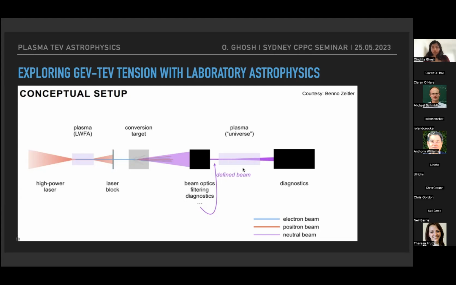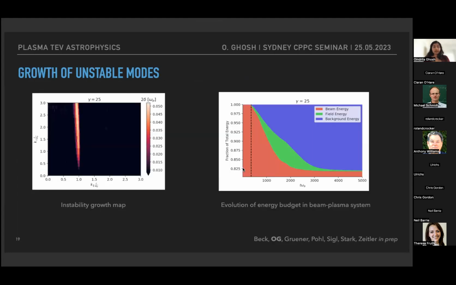Right. So we performed particle-in-cell simulations, and we looked at the instability growth map, which looks very similar to what we would expect from a nearly monoenergetic beam. And the evolution of the energy budget in the beam-plasma system shows that you are gradually draining energy from the beam into the background plasma.